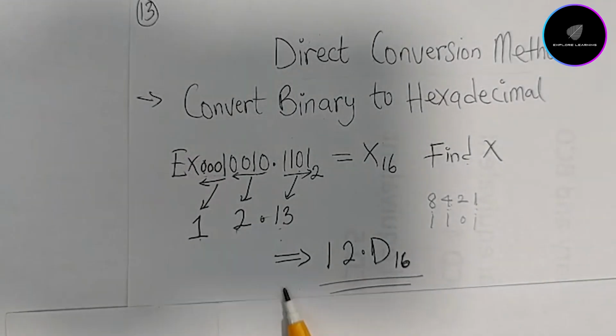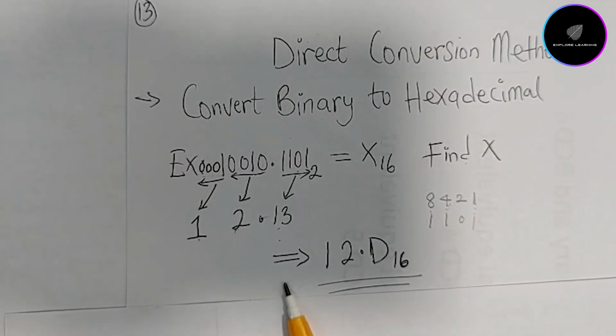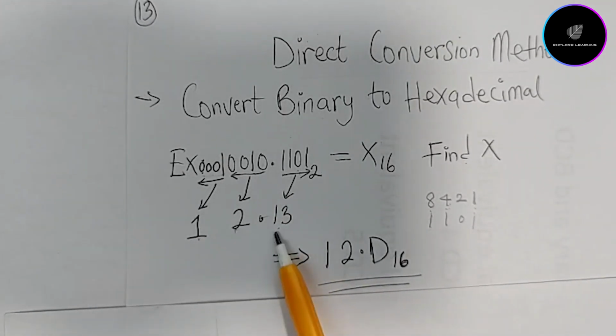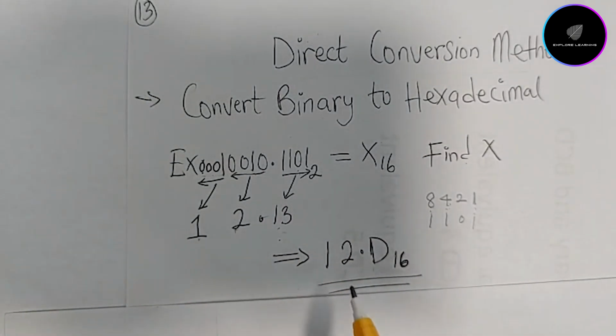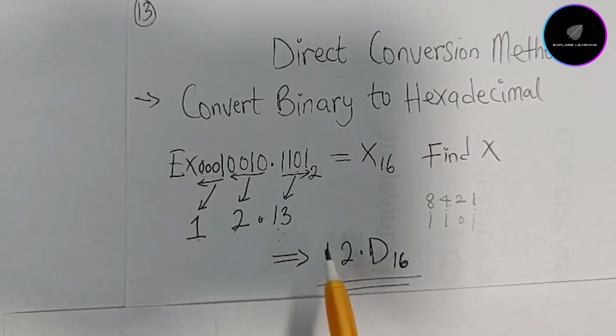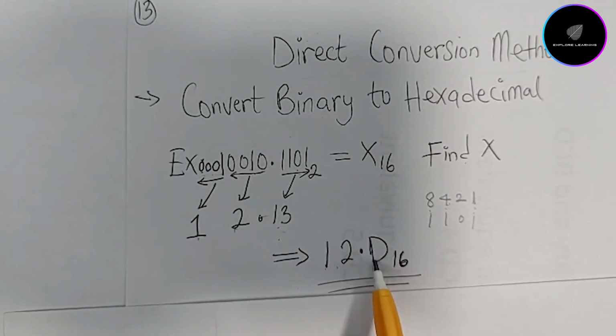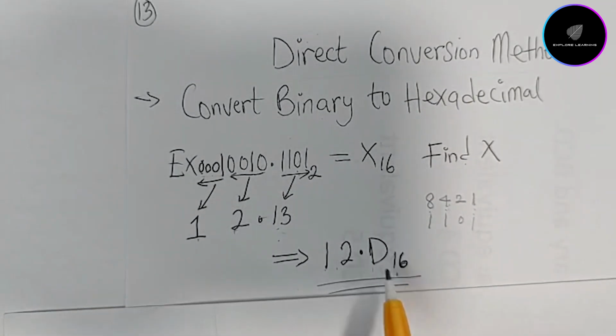Alright, in a nutshell, the hexadecimal number system consists of both numerical values and alphabets. Since this is 13, what is the alphabet equivalent of 13 in hexadecimal? That is D. So we're going to represent our answer this way: 12.D base 16.